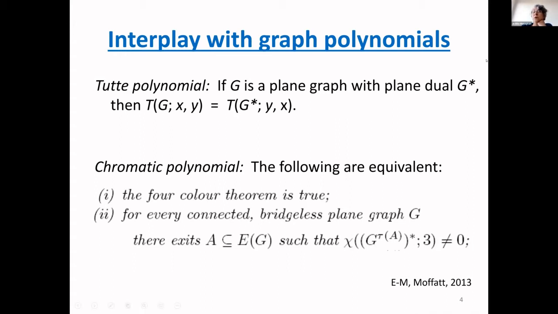If you lift to these duality relationships, you get further information. So the four-color theorem is true if and only if, for every connected bridgeless plane graph, there's some subset of the edges so that you can give them a half twist.